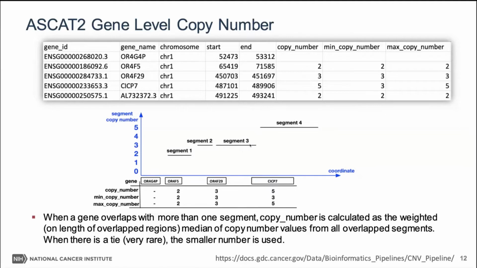This gene overlaps with segment 4 more than segment 3, so as the weighted median of the copy number value, we take 5 as its copy number value. So for this particular gene, the copy number is labeled as 5, minimum as 3, maximum 5. If you see any genes where these 3 values are not consistent, that means more than 1 copy number segment is involved here.